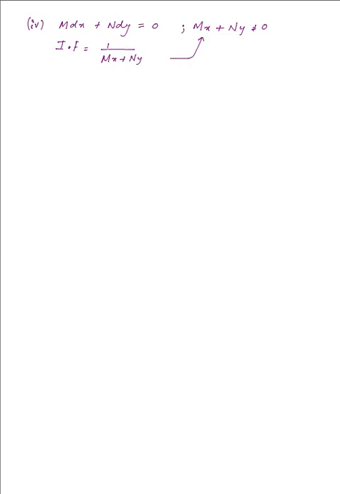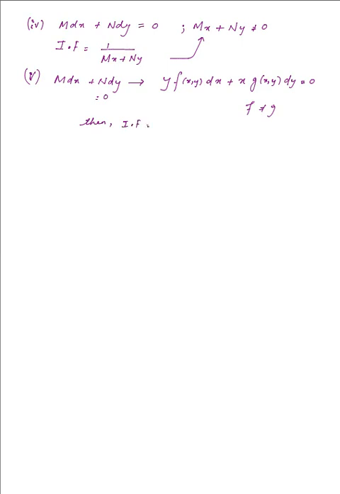And if the equation, the fifth one, that is, if M dx plus N dy equal to 0 is of the form y f(xy) dx plus x g(xy), another function, multiplied with dy equal to 0, where f is not equal to g, of course, both those functions, then we have the integrating factor to be equal to 1 by xy(f minus g).